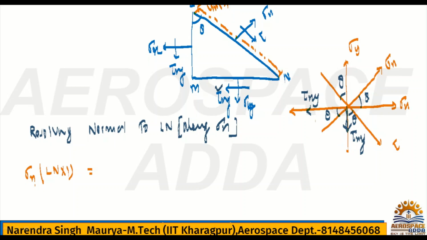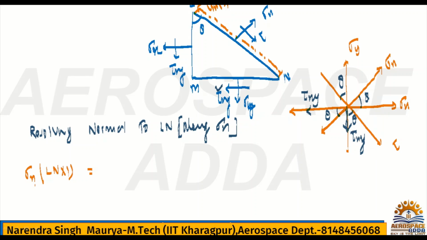Now if you check this tau xy, what will be the value of tau xy here? Obviously this will be tau xy cos theta. Tau xy cos theta will be here, in case of the lm.